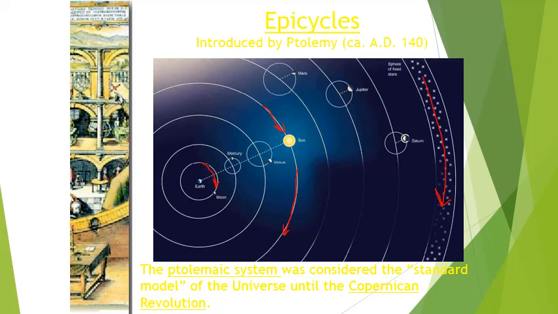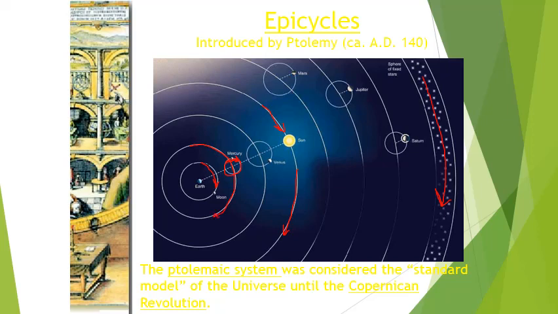So what Ptolemy introduced was the idea of epicycles. He explained this slowing down and sometimes even reversal of direction by creating circles within circles. So for instance, he imagined that Mercury was on an epicycle. This is the little ring that's going around, but at the same time, that whole ring is going around this general orbit around the Earth.